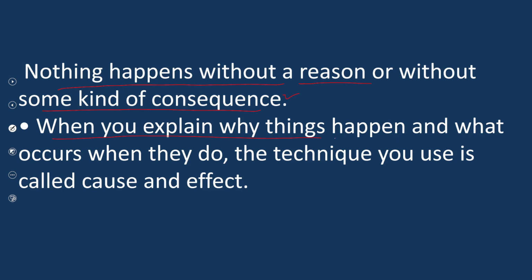When you explain why things happen and what occurs when they do, the technique you use is called cause and effect. When you are explaining in your text why something happened and what occurs that led to that thing happening, we are talking about a cause and effect relationship.